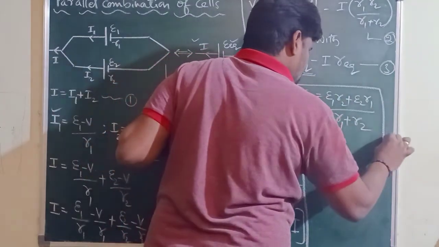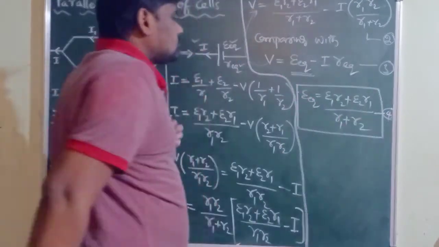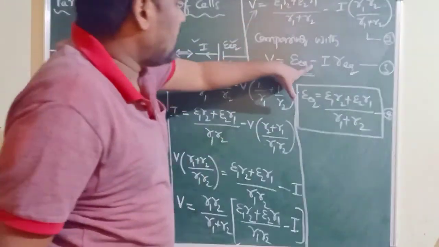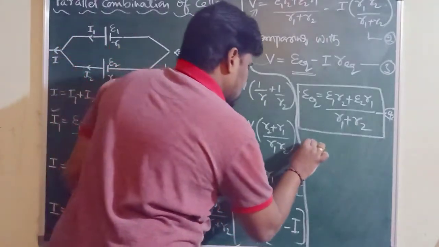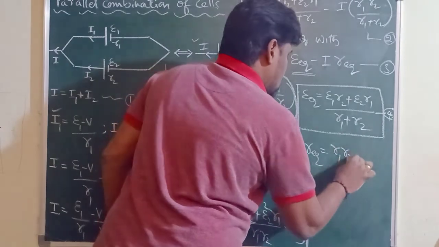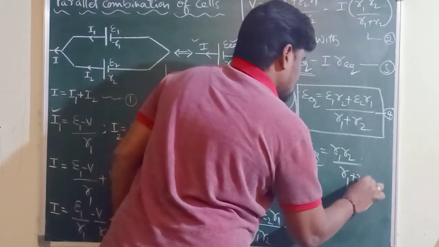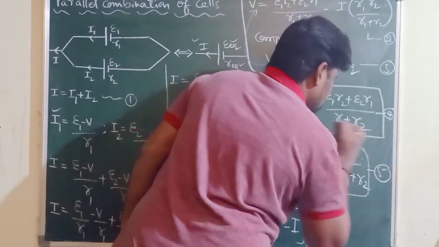This is the value of E equivalent. I will call this equation number 4. E equivalent minus I as it is, times R equivalent. In the place of R equivalent, R equivalent is given by R1 R2 divided by R1 plus R2. You can call this equation number 5.